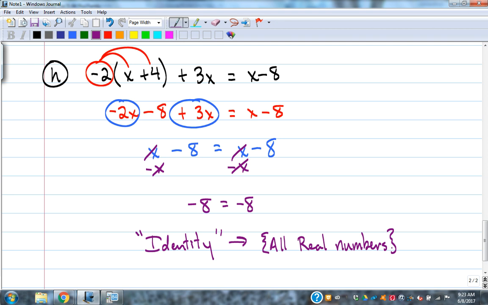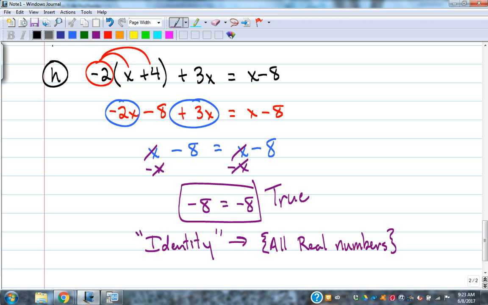That means I could pick any real number and put it in for x in that original equation, and it's an answer for it. It works. Anytime all the variables cancel out and this statement is true, then it's an identity and the answers are all real numbers. So tie those together. Identity, all real numbers. They go together.